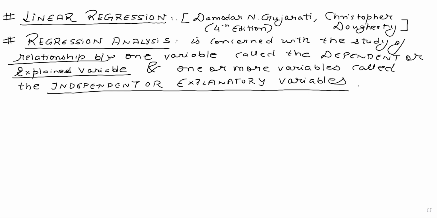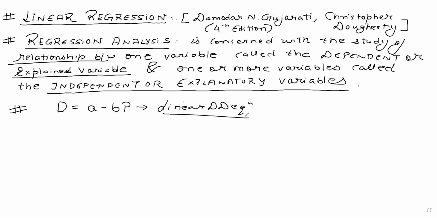Why? Because when I write a regression, regression is nothing but an equation. All of us know the demand equation, D is equal to A minus BP. This is my linear demand equation. Now, guys, changes in demand can happen because of other factors also, which you have done in microeconomics, like income, taste and preferences, price of substitute goods, complement goods.